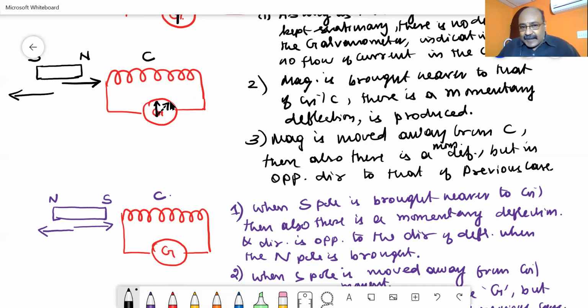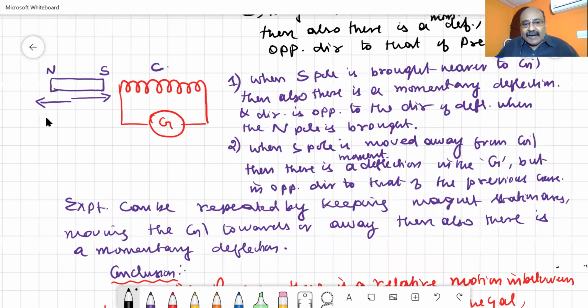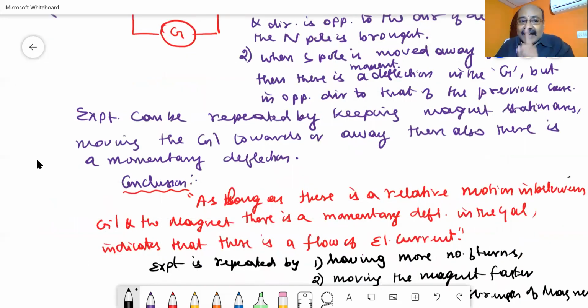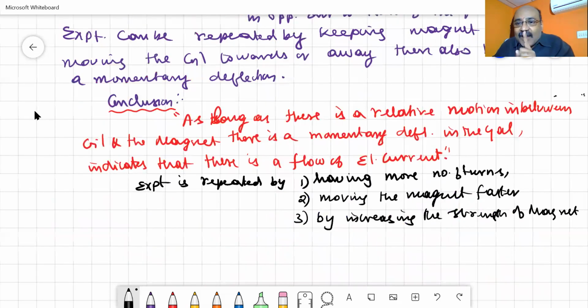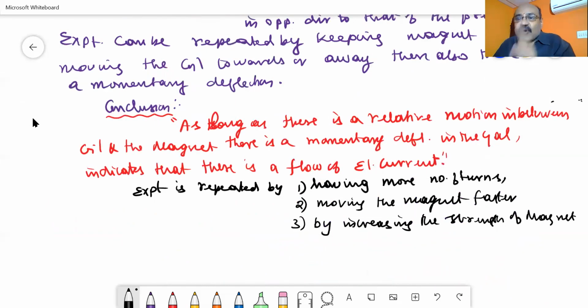From this experiment, one conclusion I have arrived at is that as long as there is a relative motion between the coil and the magnet, there is a momentary deflection, indicating a flow of electrical current.